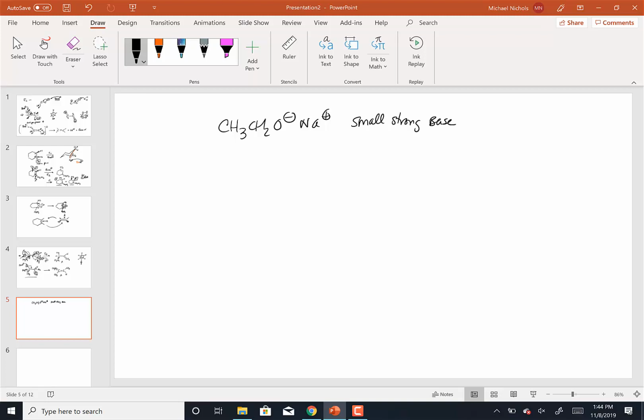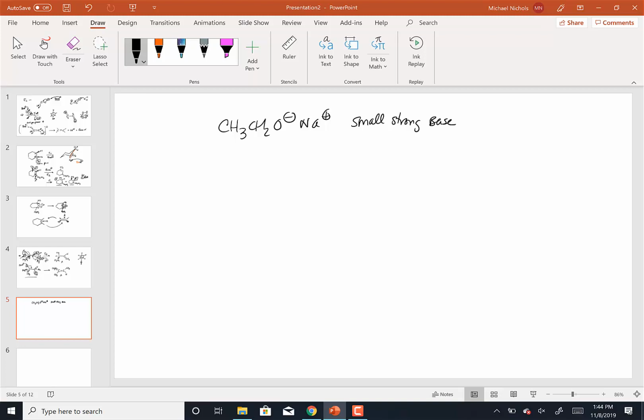It's not my favorite, because the difficulty here is that every strong base is a strong nucleophile.